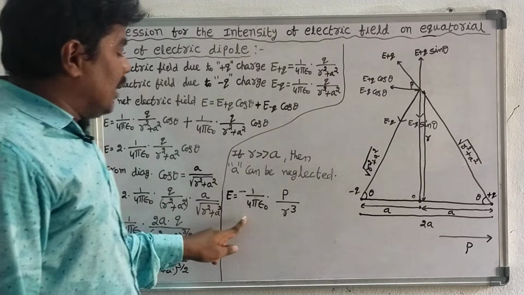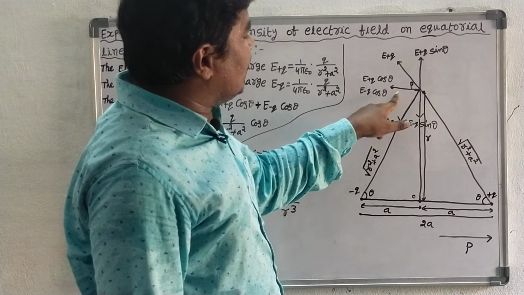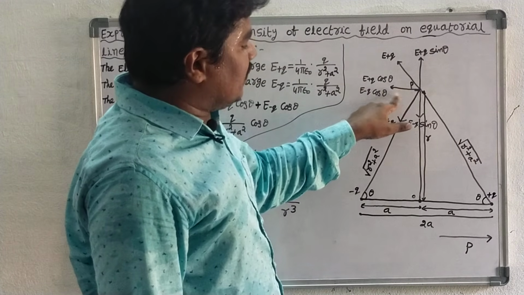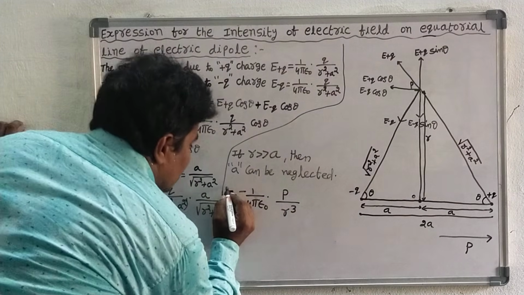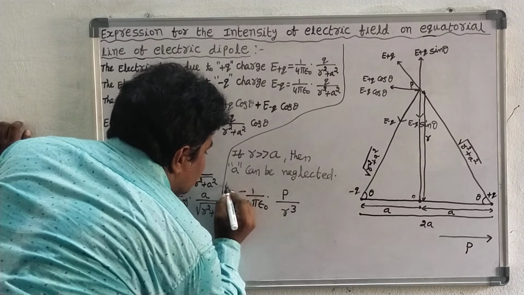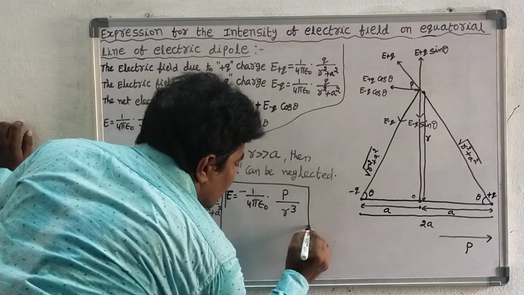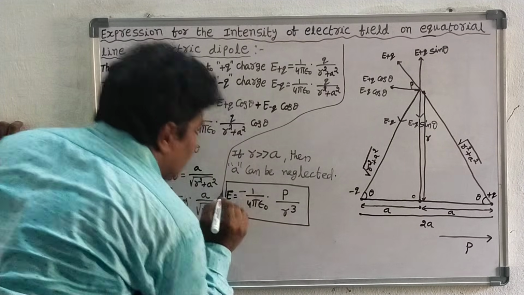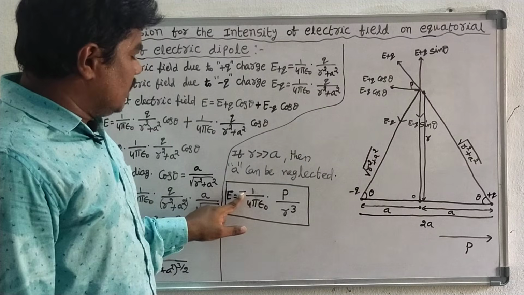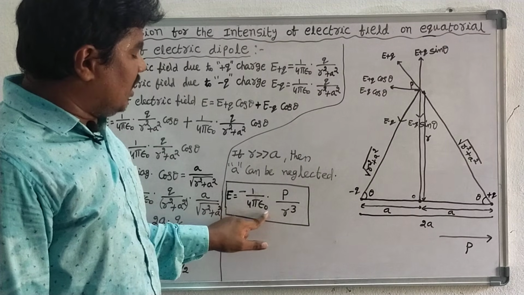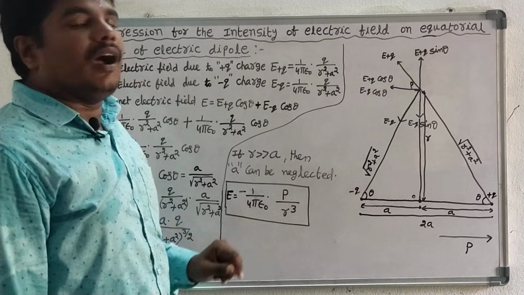That minus sign represents opposite direction between electric field and dipole moment. So this is the final value of the electric field on the equatorial line of the electric dipole. That is E is equal to minus 1 by 4 pi epsilon naught into p by r cube.